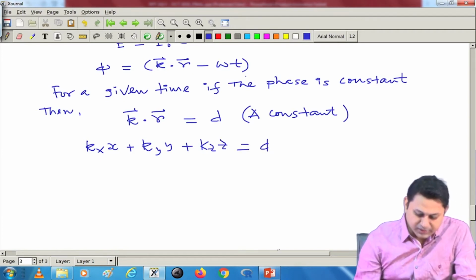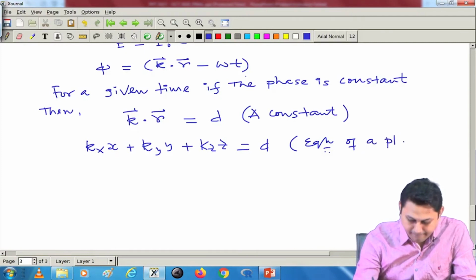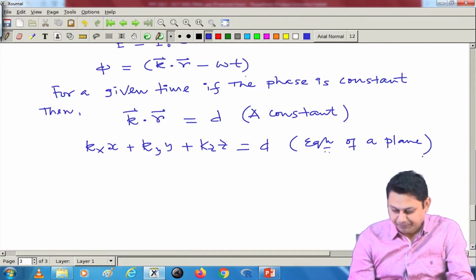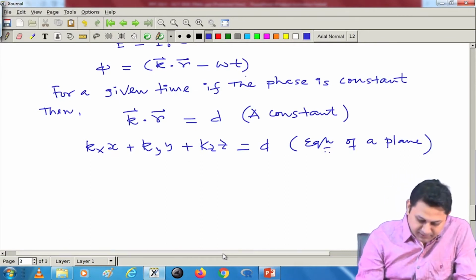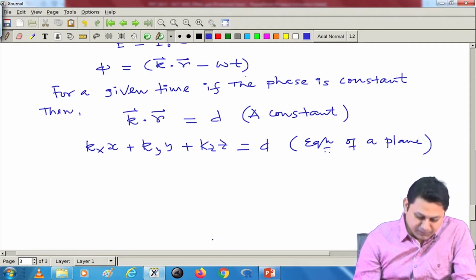Now, we know that this equation is the equation of a plane. So, that means whenever I have k dot r constant, then it should be a plane.